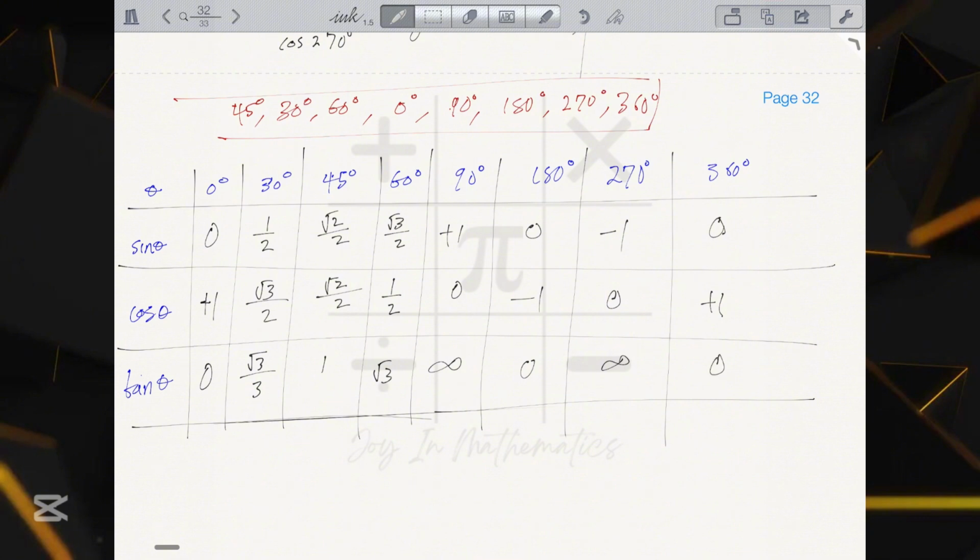So these are the expressions of the special angles from 0 degrees to 360 degrees.